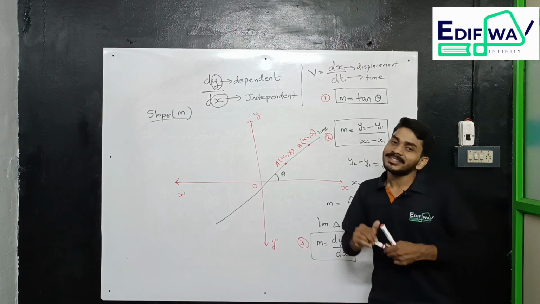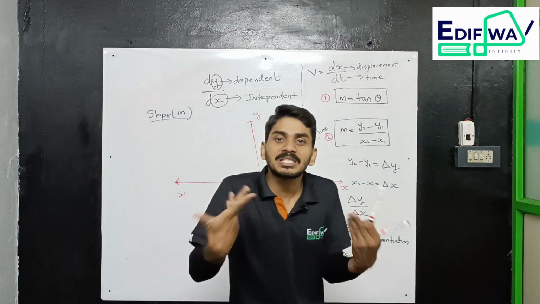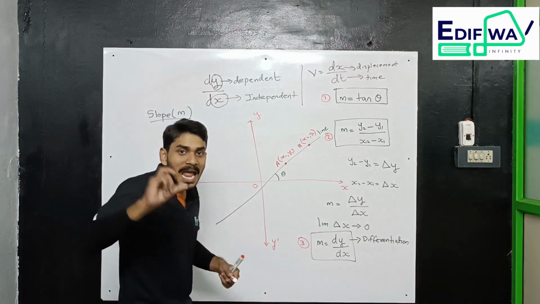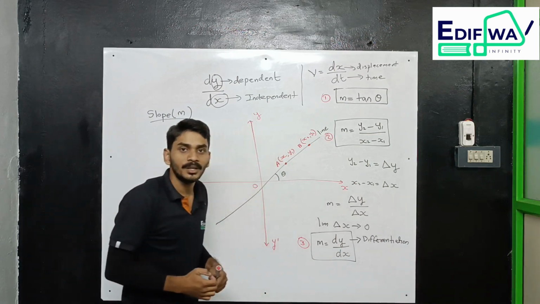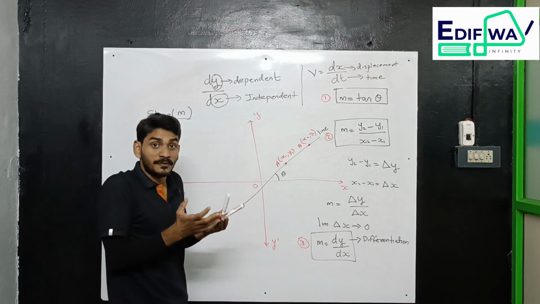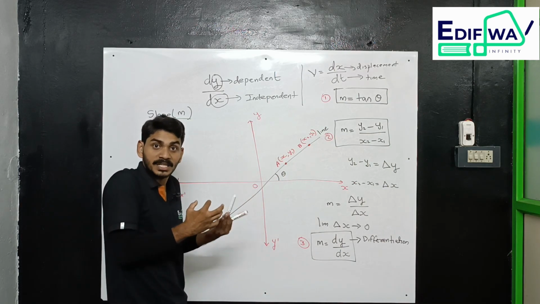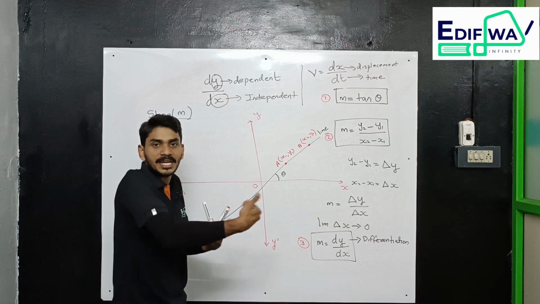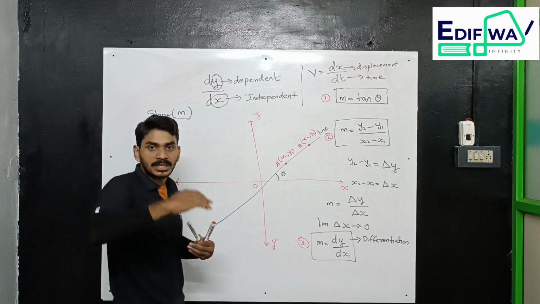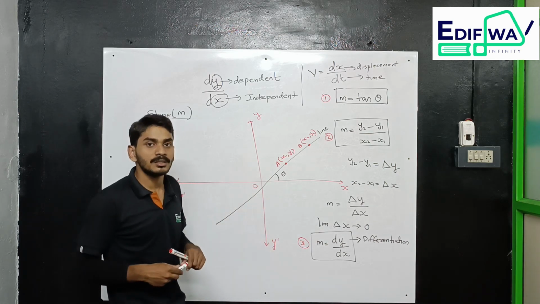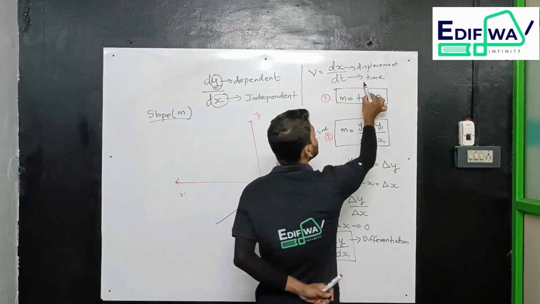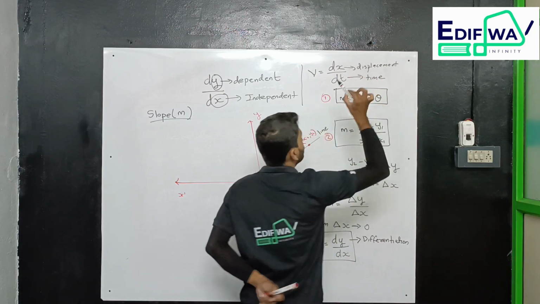Time will vary according to its wish, and the displacement is varying according to time. That's the definition of motion, the definition of displacement itself: there is variation in position with respect to time from an origin. So time is independent, displacement is dependent.